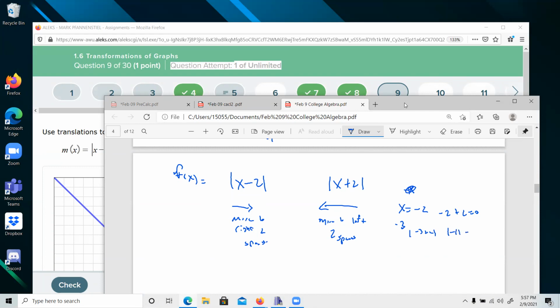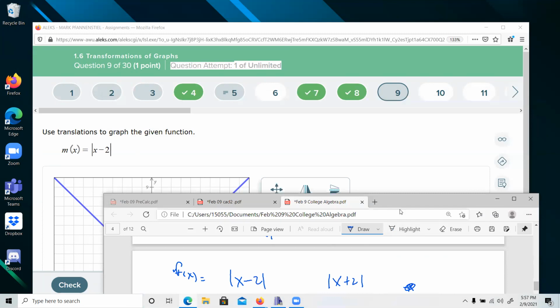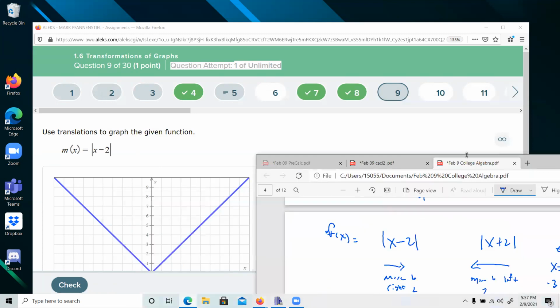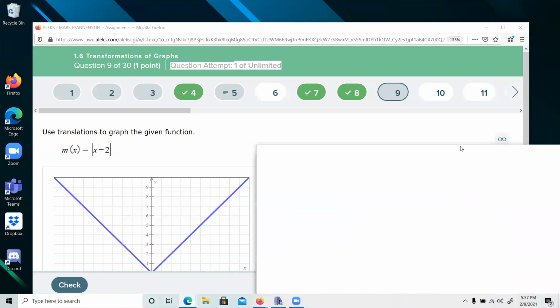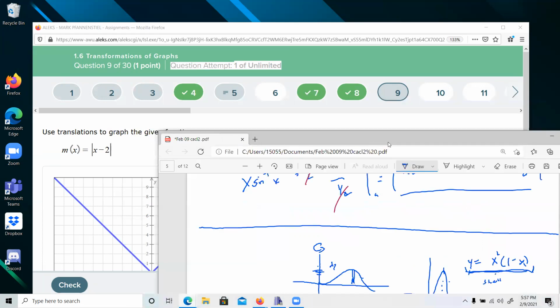Absolute value of -1, that's going to be 1. Okay, so I'm not going to know that that's what you did. And if you have to do that for a couple of problems, then I say so be it, right? I mean, it'd be nice if you got to the point where you could look at this and say, oh, horizontal shift to the right, no problem, right? But it doesn't have to be that way.